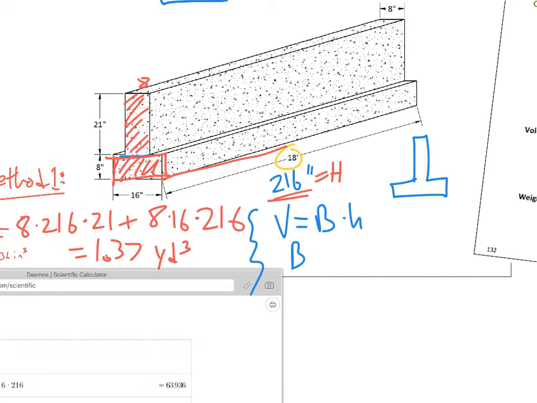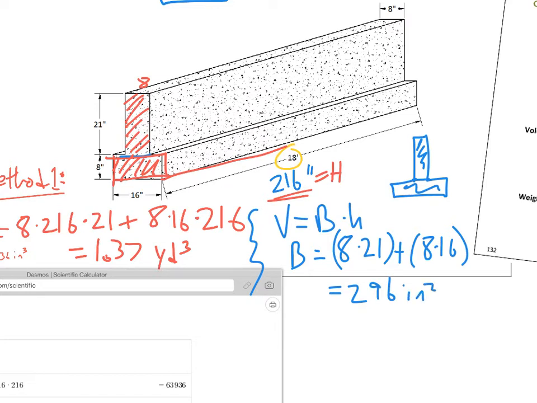Well, the area of the base is that T shape, and that T shape is going to be 2 rectangles. So that's 8 times 21 plus that rectangle on the bottom, 8 times 16. And that comes out to be 296 square inches.